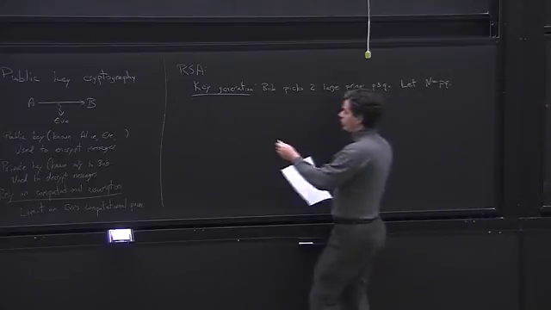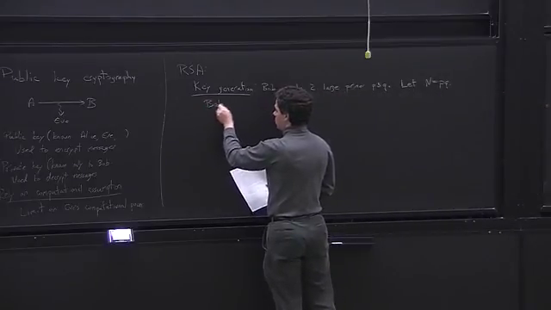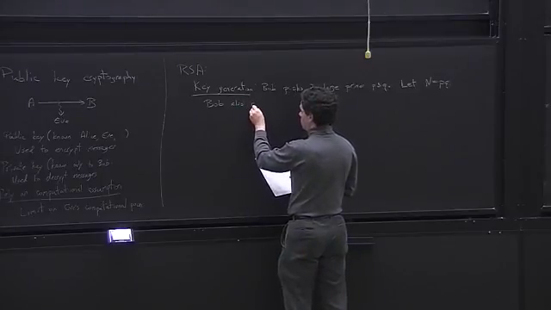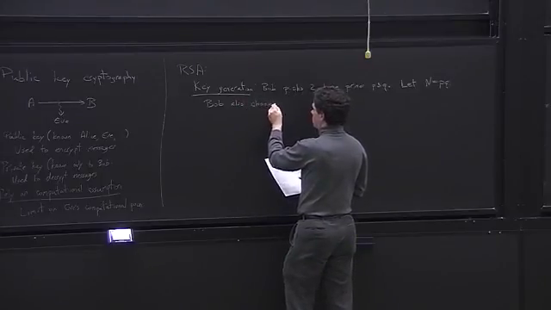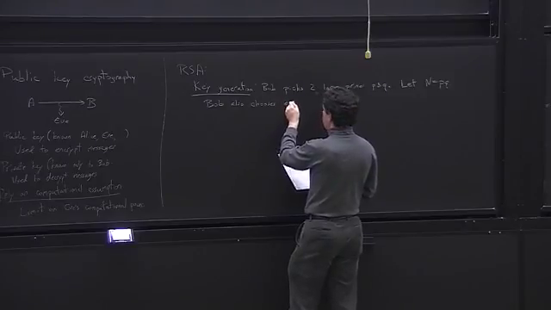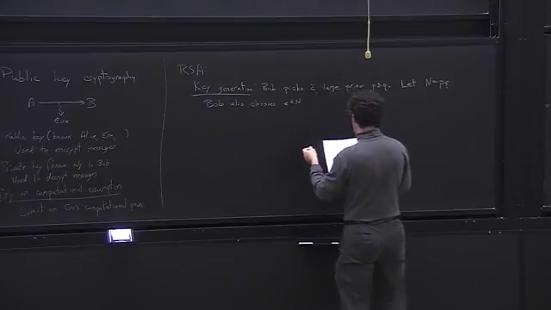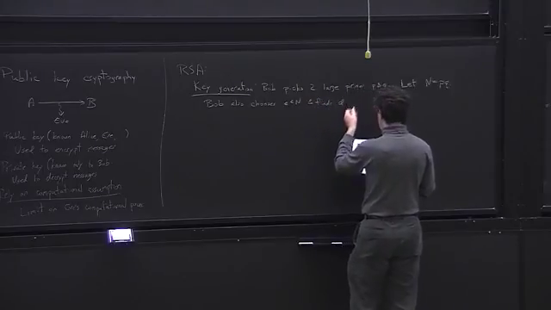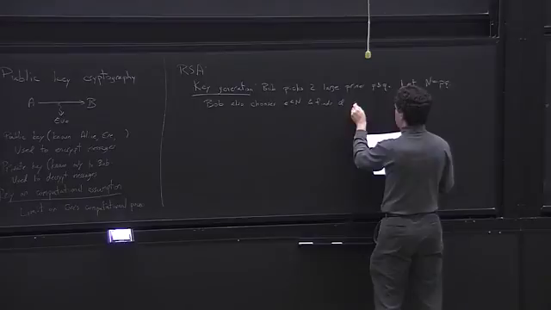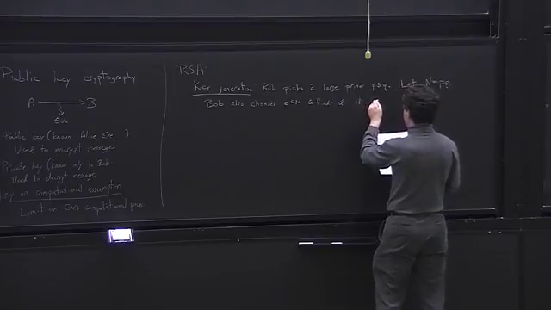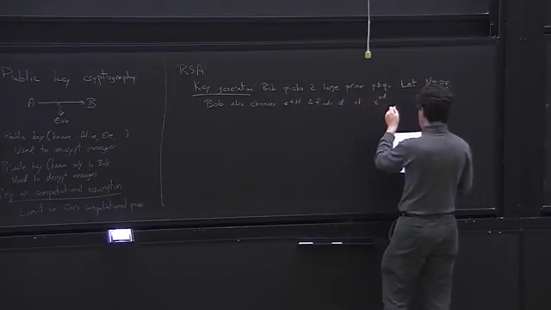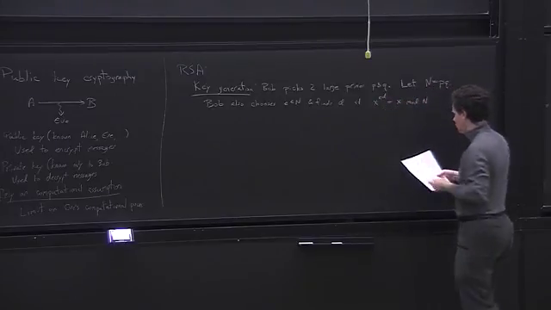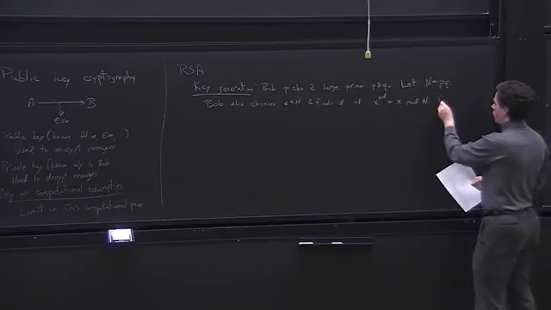So Bob is also going to choose, in a way I'll tell you in a little bit, some e, which is going to be less than n, and find d such that x to the ed is equal to x mod n for all x.